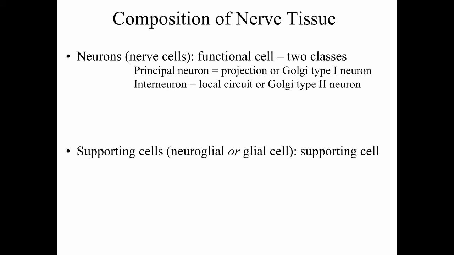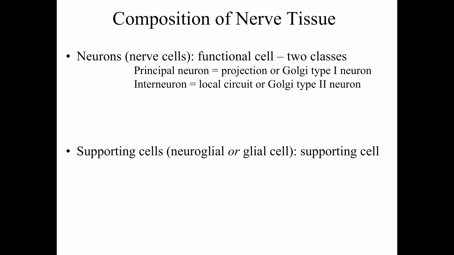Composition of nerve tissue. Two major cell types are the neurons and the supporting cells. The neurons or nerve cells are actually the functional cell of nerve tissue. You can think of them almost as like the parenchymal cells. There are essentially two major classes of neurons.